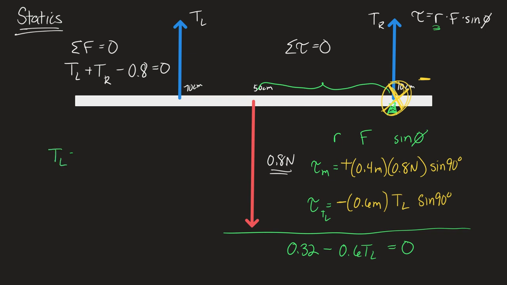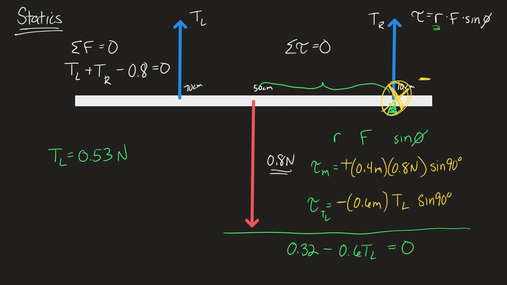What's TL? It's 0.32 divided by 0.6, so 0.53 newtons.